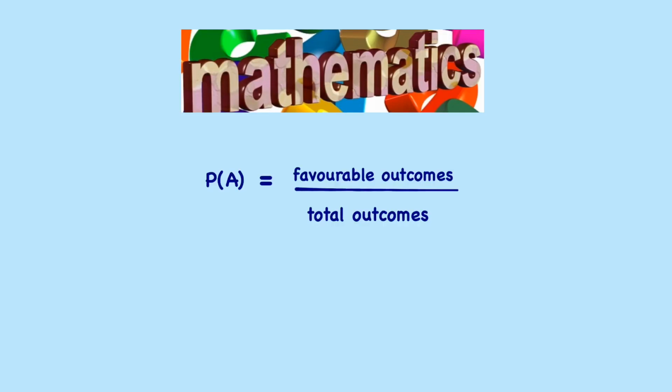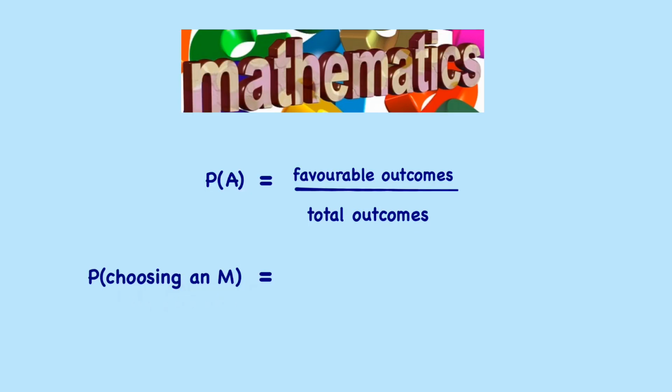Let's say the word mathematics is made up using letter tiles. If we were to put all these tiles in a bag and pick one at random, what is the probability that the tile that you picked would be an M? So first of all, let's look at the formula. P(A) equals favourable outcomes over total outcomes. So in this specific example, probability of A is the probability of choosing an M, so that's the event.